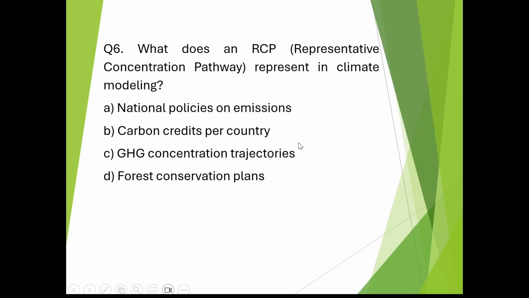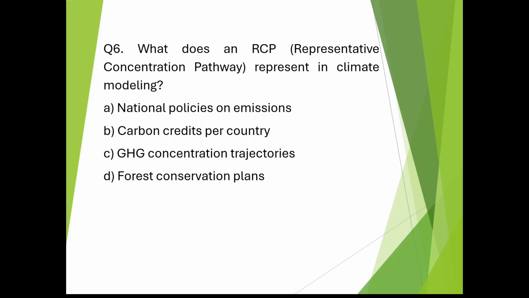Yeah. So Farid has answered it correctly that the correct answer to this question number 6 is option C. RCP, or representative concentration pathway, as the name itself suggests, represents the GHG concentration trajectories, and these RCPs describe possible greenhouse gas concentration scenarios used in the climate models.